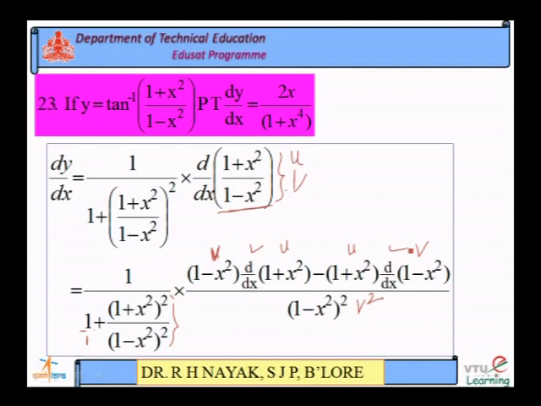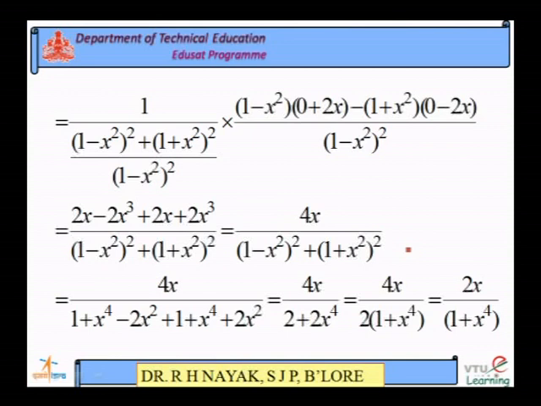Differentiation of 1 is 0, differentiation of x square is 2x, differentiation of 1 minus x square is minus 2x, that is shown here.